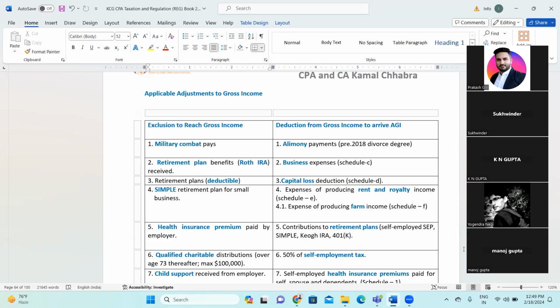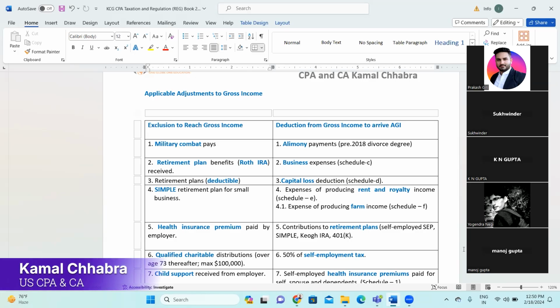Finally, when Donald Trump came into the administration, they came up with this TCJA amendment in alimony. Earlier, for any divorce decree approved before 31st December 2018, any alimony paid by an individual to the spouse was considered a deduction from gross income, and for the spouse receiving the alimony, it was part of the income.